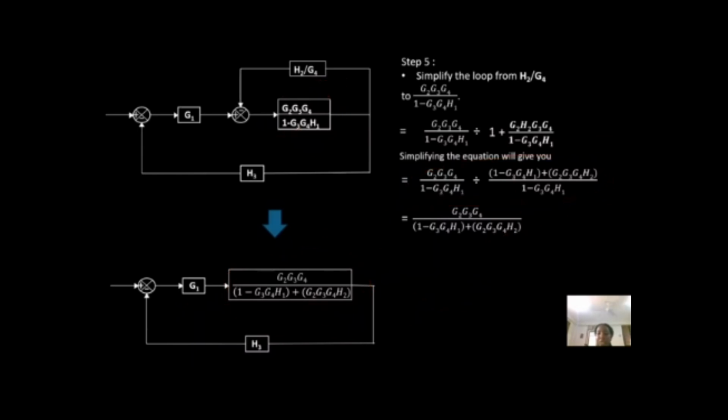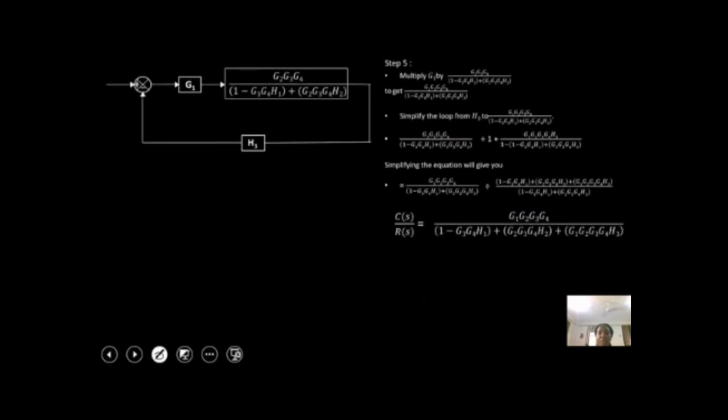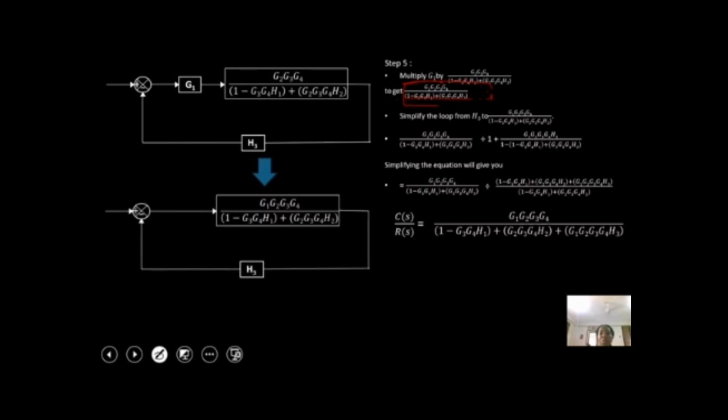So we'll go down and we'll see G1. So we multiply G1 by the whole equation and we get G1, G2, G3, G4 over 1 minus G3, G4, H1 plus G2, G3, G4, H2. That's how come I'm getting this whole equation because this and this will multiply to get this whole equation.